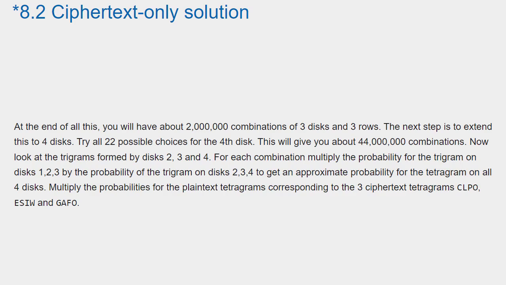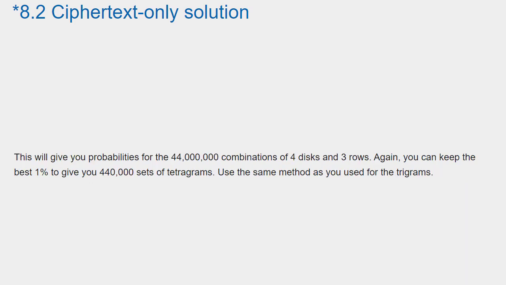Multiply the probabilities for the plaintext tetragrams corresponding to the 3 ciphertext tetragrams CLPO, ESIW and GAFO. This will give you the probabilities for the 44 million combinations of 4 disks and 3 rows.